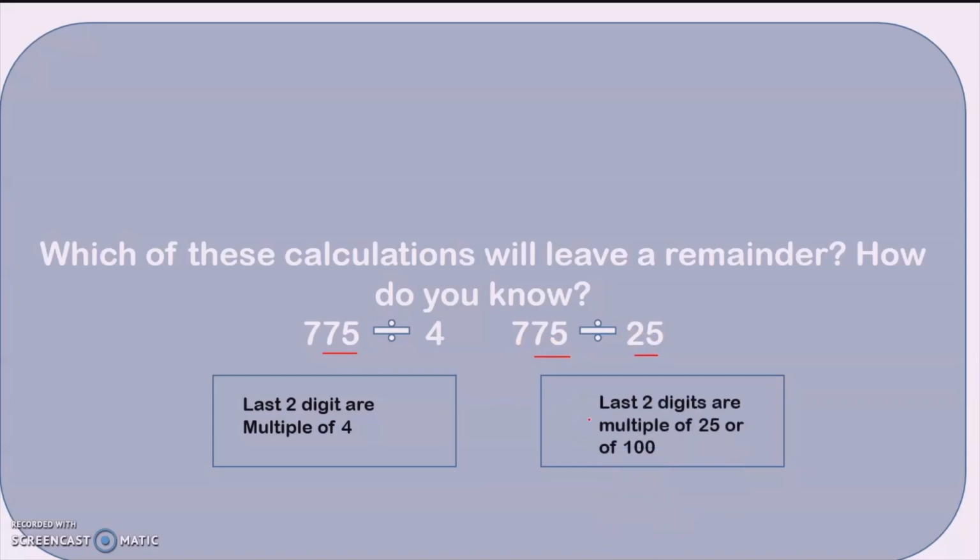If the last two digits of the dividend are a multiple of 25 or 100, then it will be exactly divisible by 25. So let's have a look at the last two digits. It is 75. So it means it will not leave a remainder.